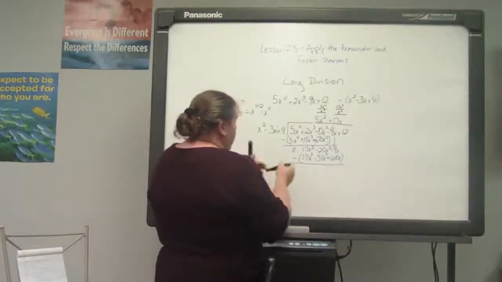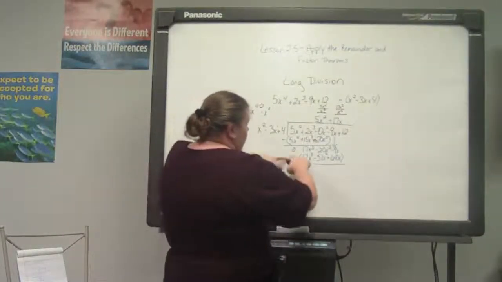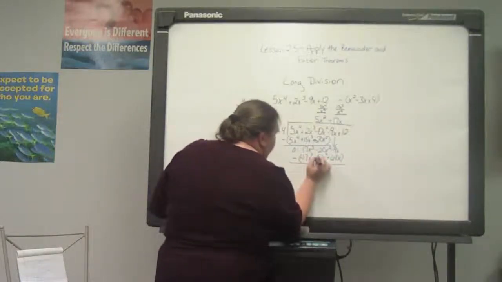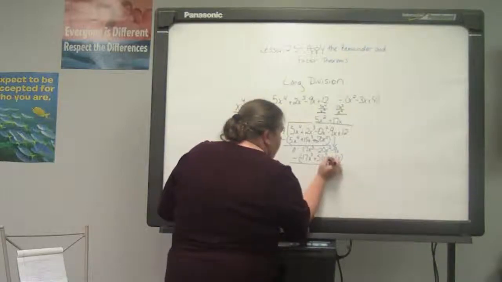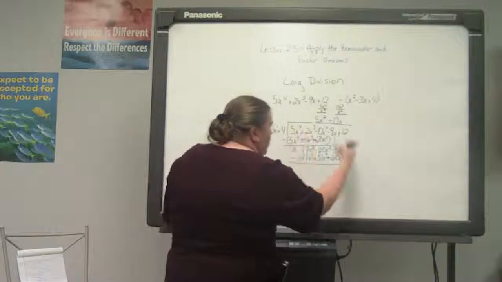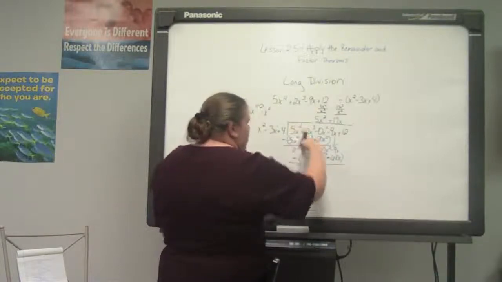All right, now I'm going to distribute my negative. So this becomes a negative, this becomes a positive, and this becomes a negative. I did that up there, but instead of doing it all at once, I did it each time we went down.